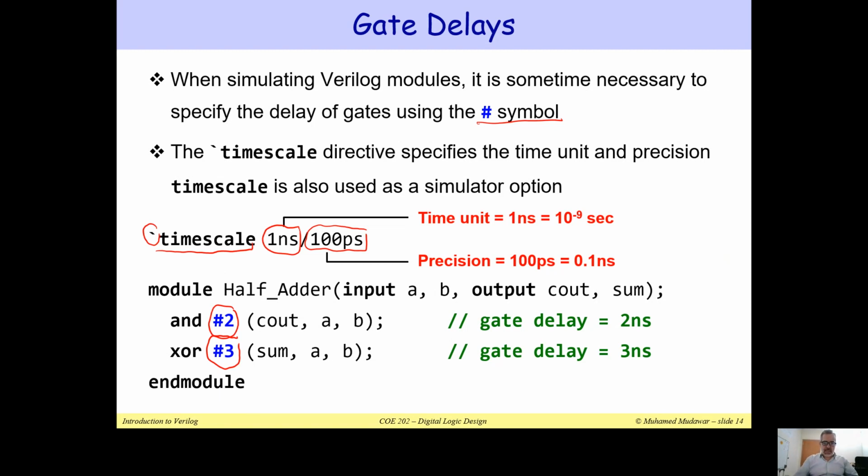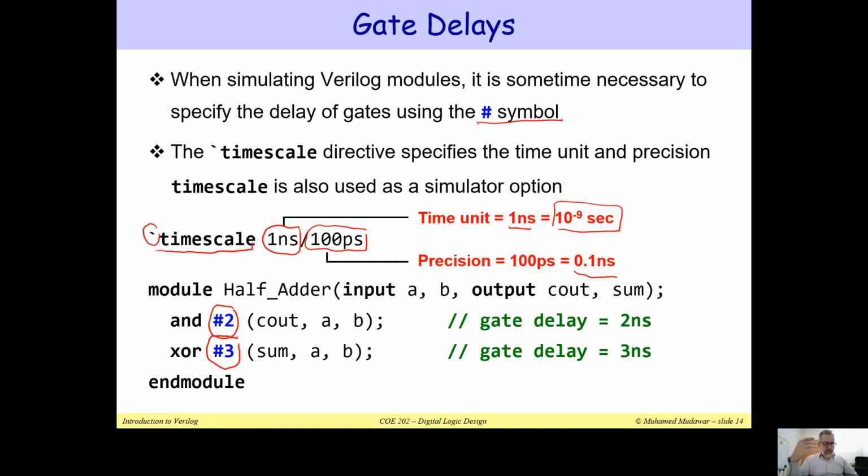The nanosecond is 10 to the power -9 seconds, and the picosecond is 10 to the power -12 seconds. So 100 picoseconds is less than a nanosecond, 0.1 nanoseconds, because 1,000 picoseconds is equal to 1 nanosecond.